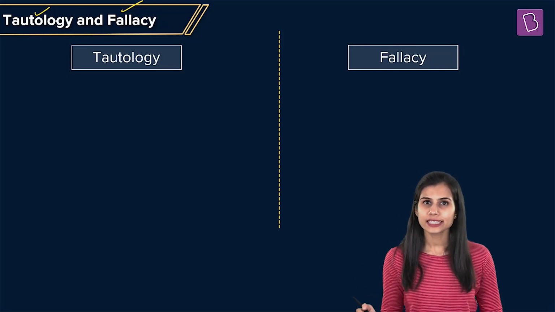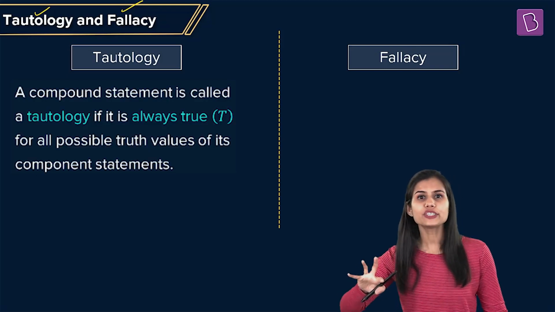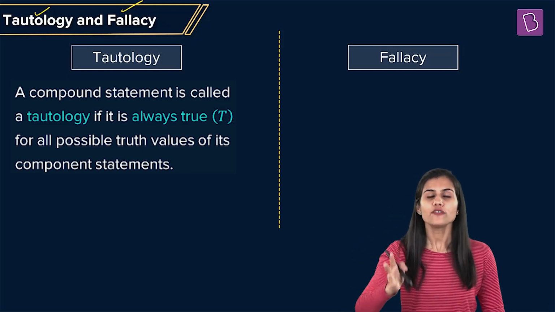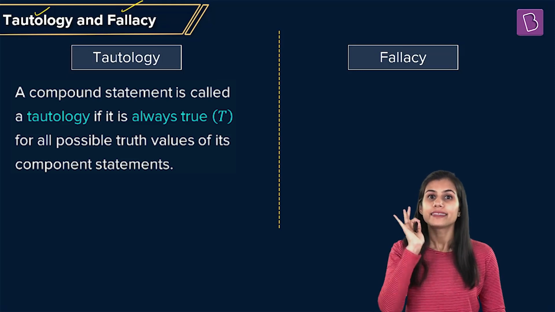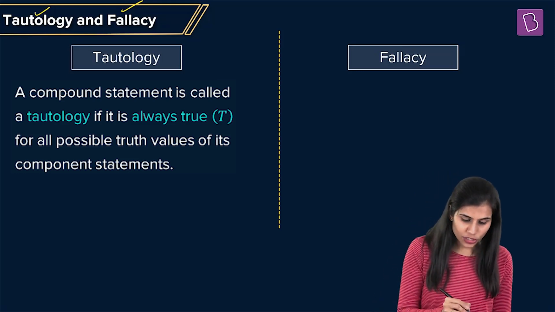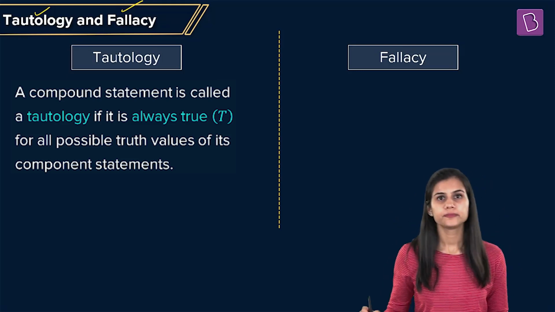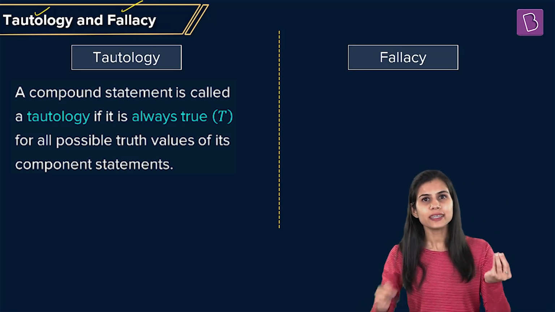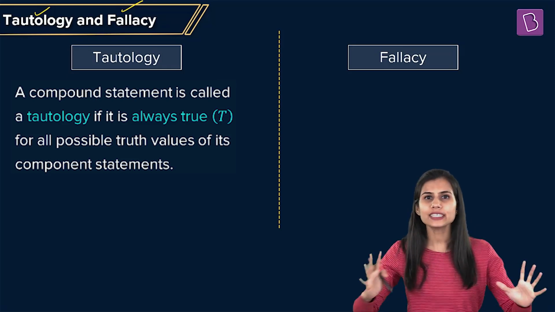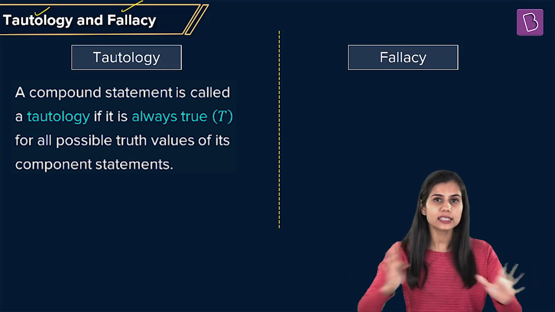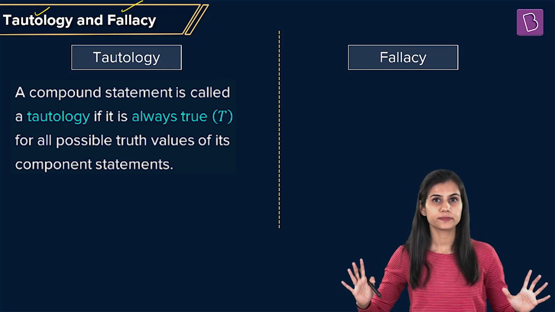If a compound statement is always true, irrespective of the truth and falsity of its component statements, we say that compound statement is a tautology. So when do you say that a statement is a tautology? When this statement is always true under all circumstances, under all situations.